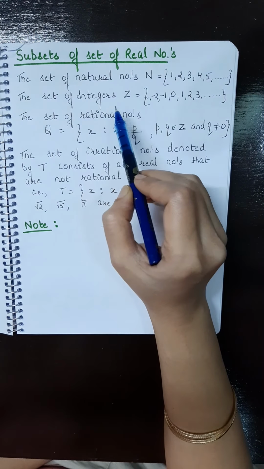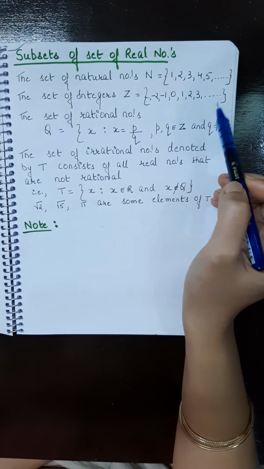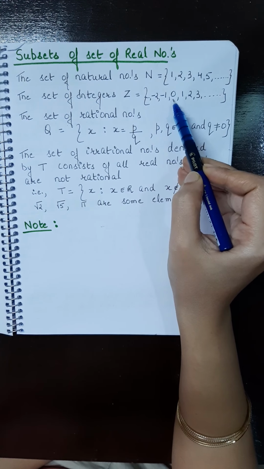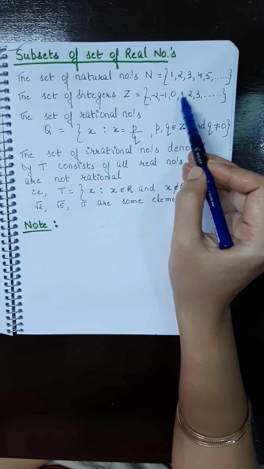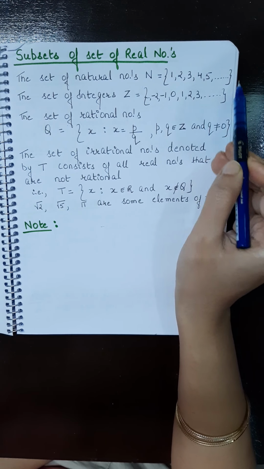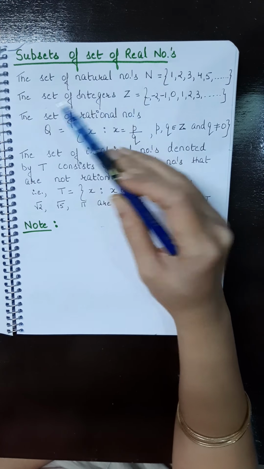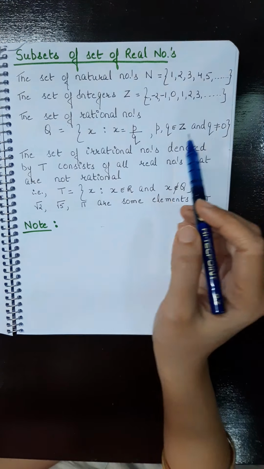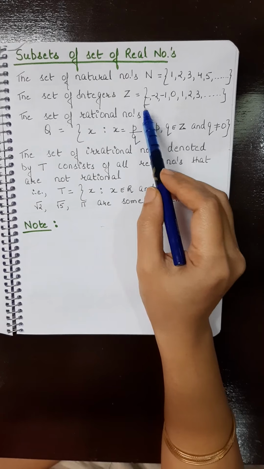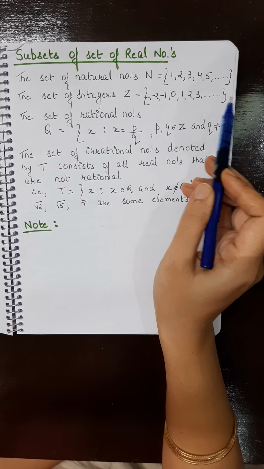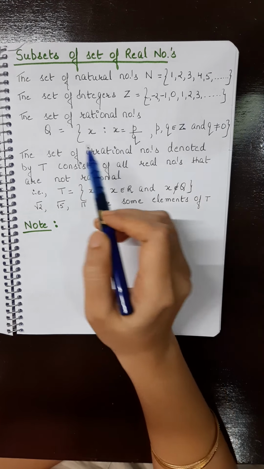The set of integers, denoted by capital Z, has 0 together with all the natural numbers and the negatives of the natural numbers -1, -2, -3 and so on. So it takes the numbers from -infinity to +infinity, but all the discrete numbers.